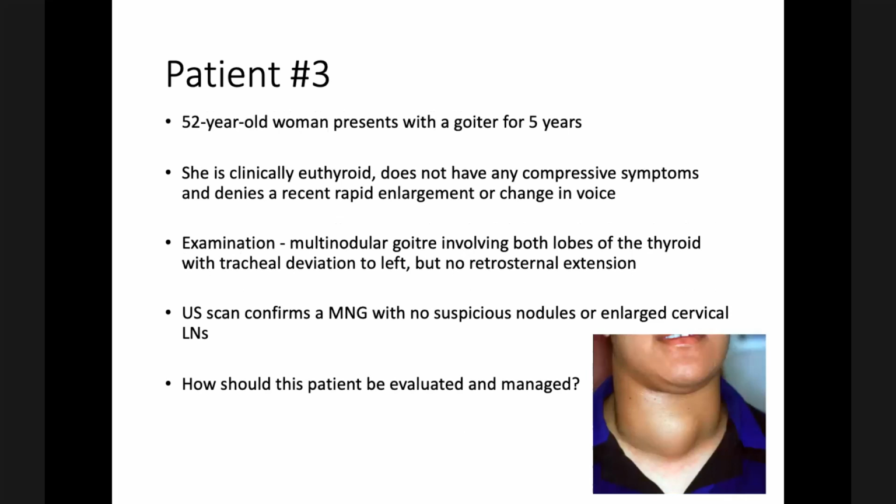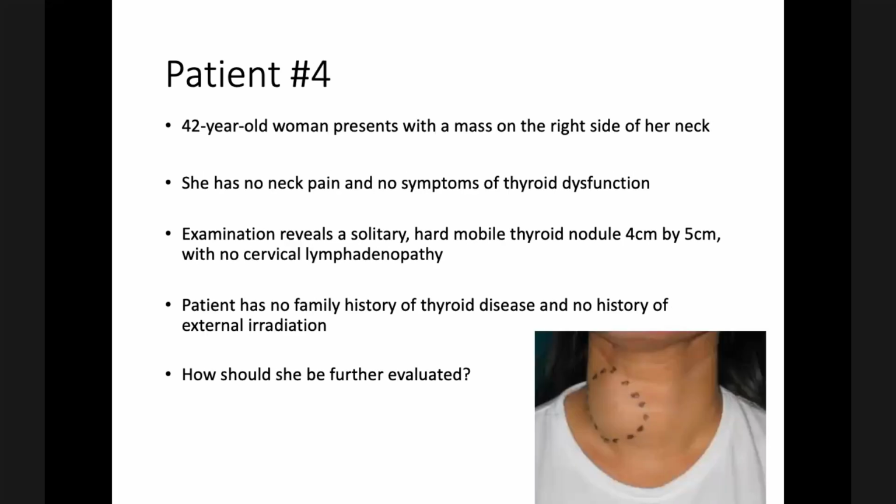Third situation, a middle-aged woman with a goiter for 5 years, euthyroid, no compressive features, just a multinodular goiter. What should be done? The fourth situation is a 42-year-old woman with a mass on the right side of the neck, no other significant symptoms.